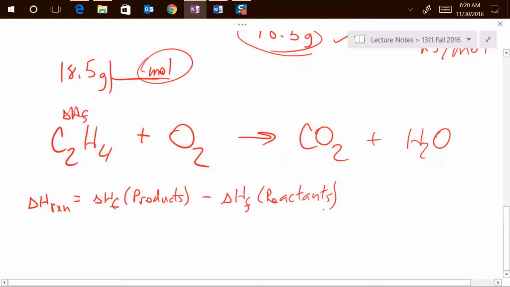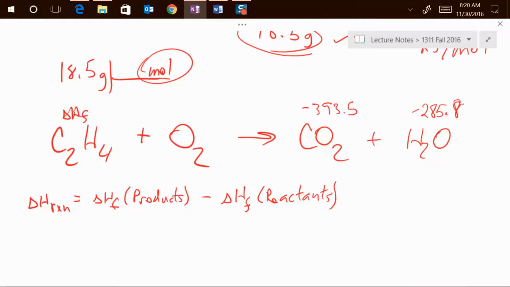Once again, I need the data from the table or wherever. In the question, they tell me the delta H of formation for carbon dioxide is negative 393.5. The delta H of formation for water is negative 285.8. And these are kilojoules per mole. Who can tell me what the delta H of oxygen is? They didn't give it to me.